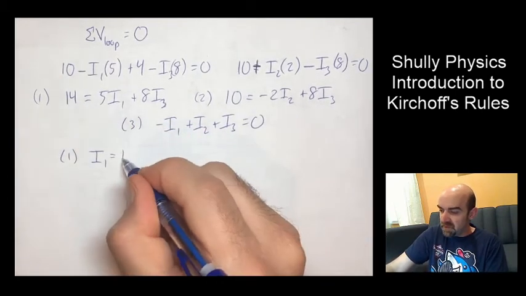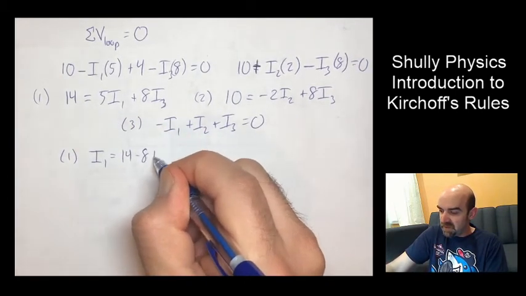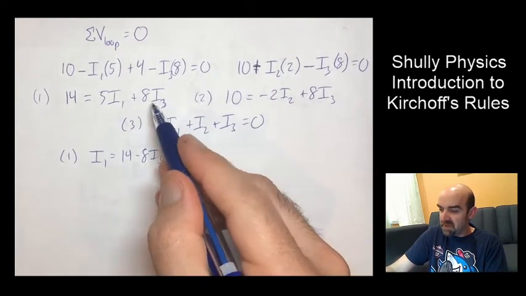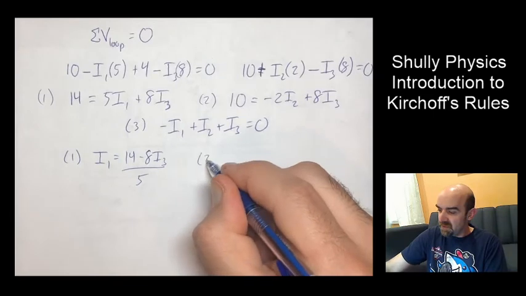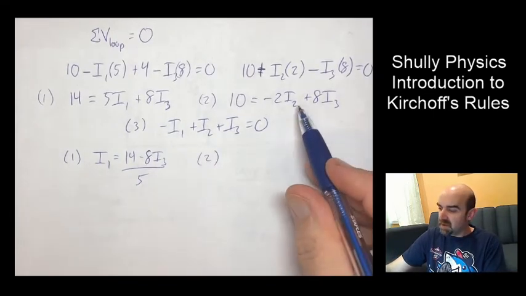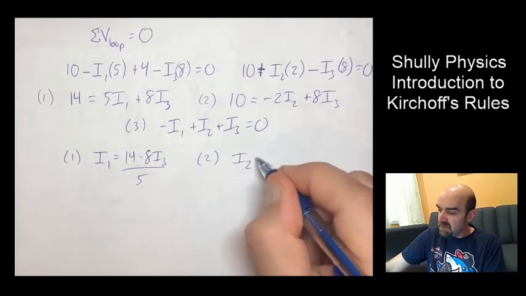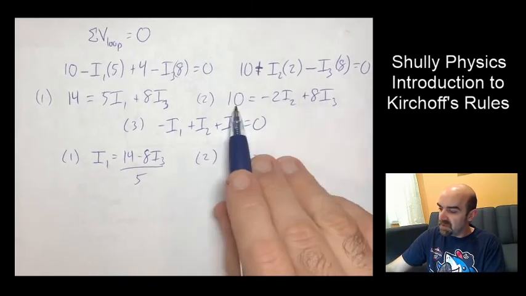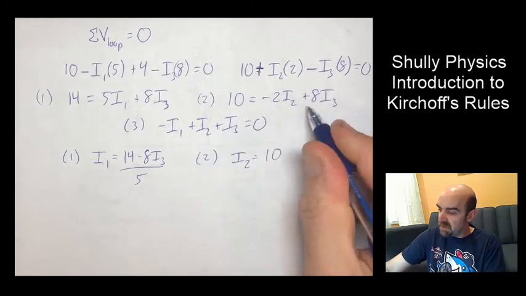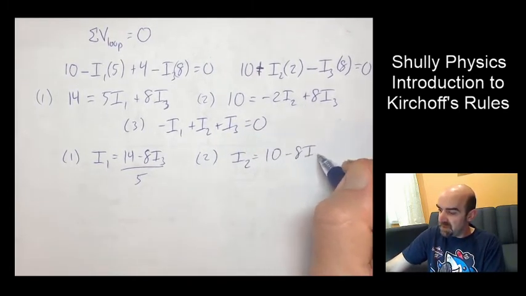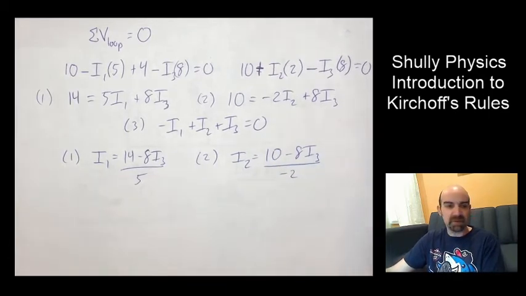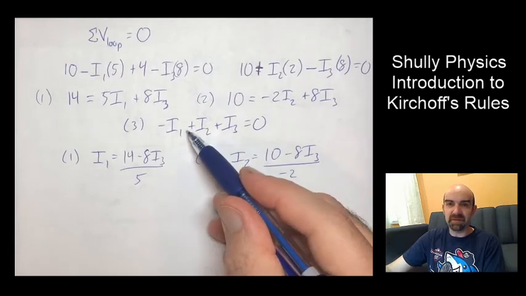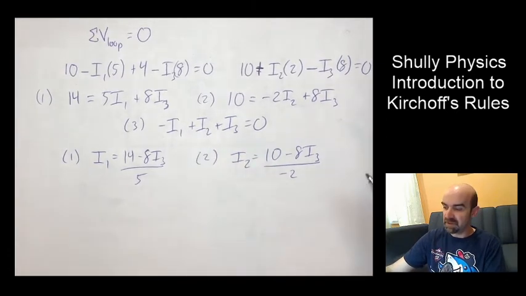It'd be 14 minus 8 I3 all divided by 5. And from equation 2, what does I2 equal? I2 would be 10 minus 8I3 divided by negative 2. All right, and then I'm just going to plug them into this expression, into equation 3.